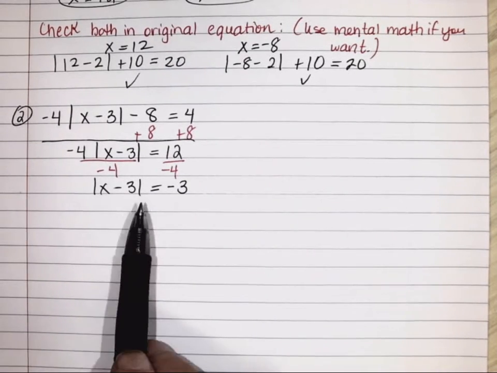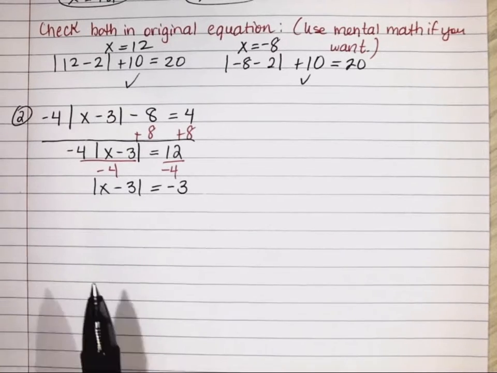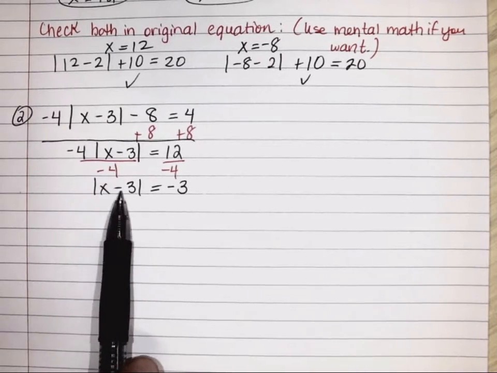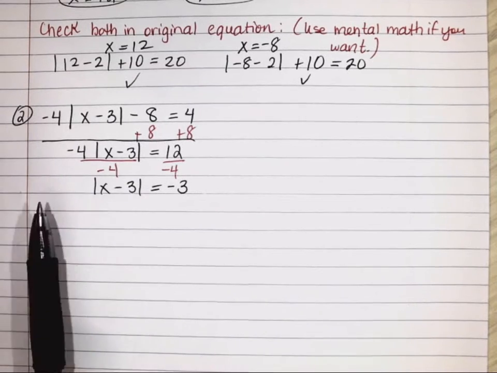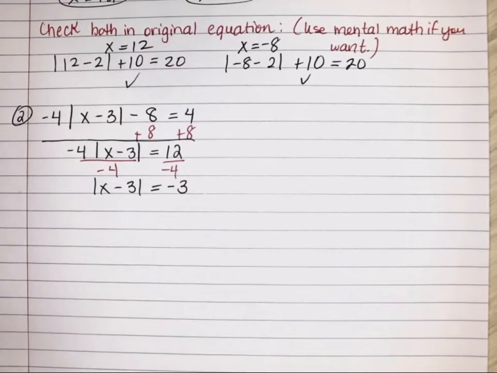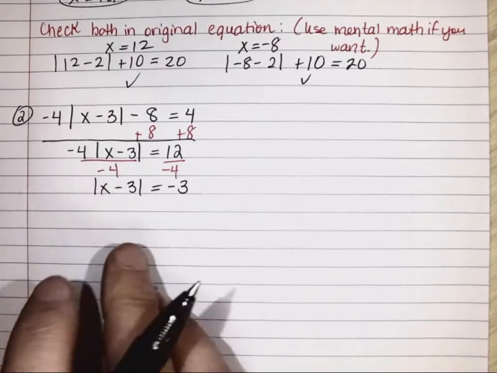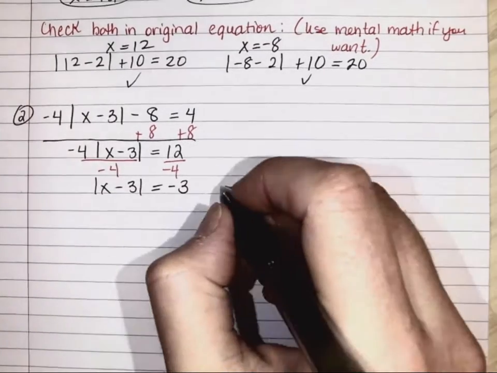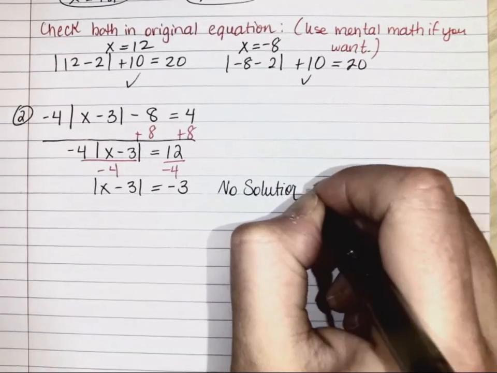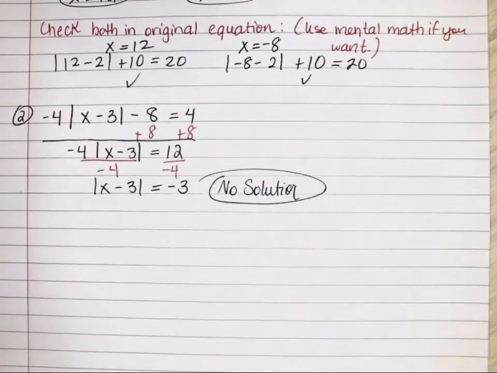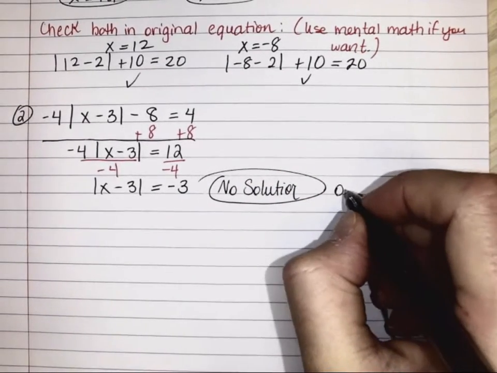Now let's think about this with common sense. This is saying that the absolute value of some number is going to come out to be negative, and you know that can never be the case. The absolute value is the distance a value is from 0 on the number line, so absolute value is never negative. So automatically I can say no solution, or you can say the empty set.